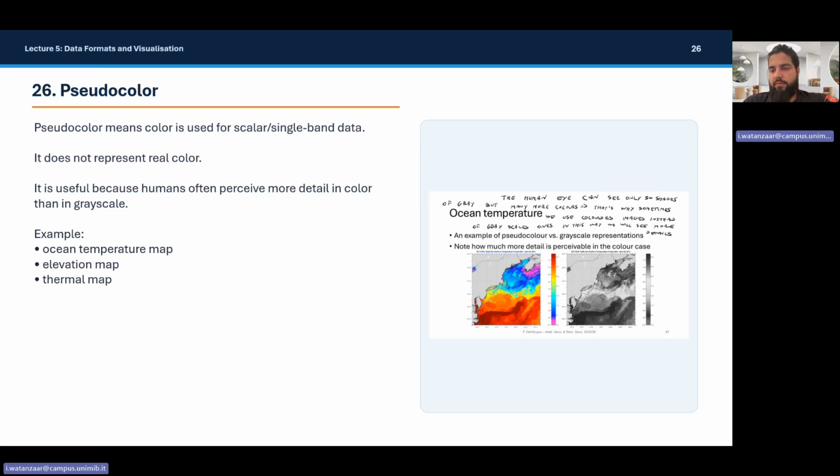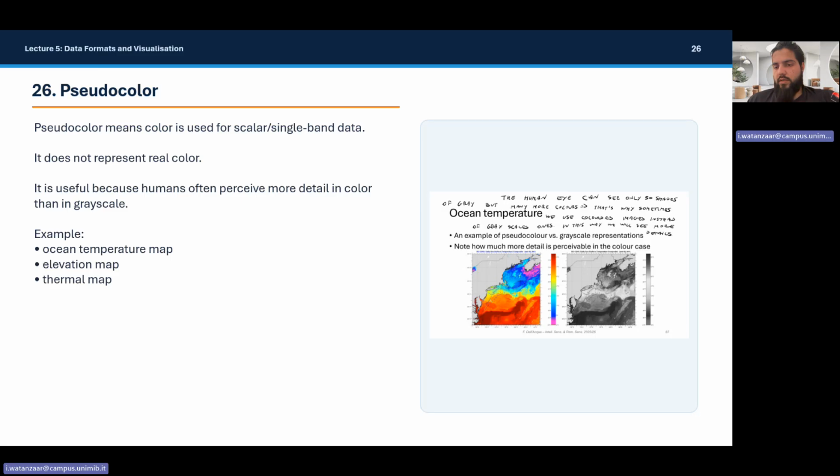But we can convert them. On the right side, this is an example of pseudo color versus grayscale representation. This is the grayscale, and this grayscale is then converted into pseudo colors.